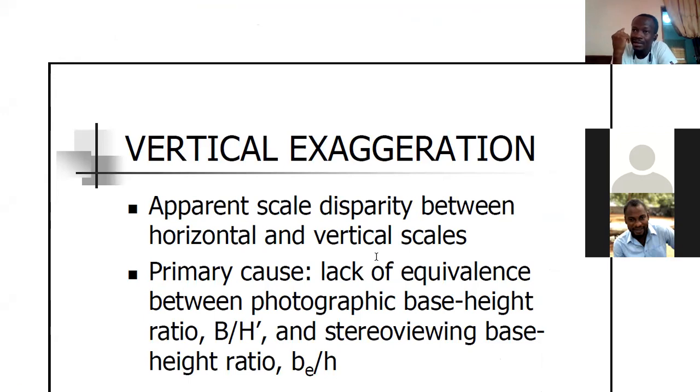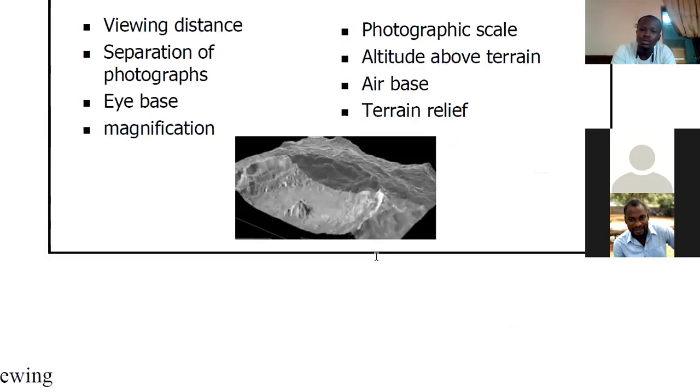When you measure any base, eye base, divided by the viewing distance from the eye to the model, compared with exposure station distance between the two, air base, and then the flying height. That disagreement, that disparity is what is causing the vertical exaggeration.